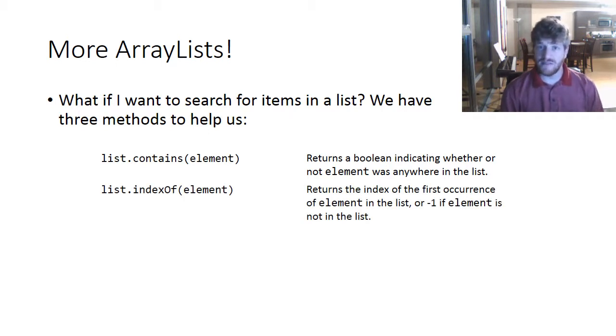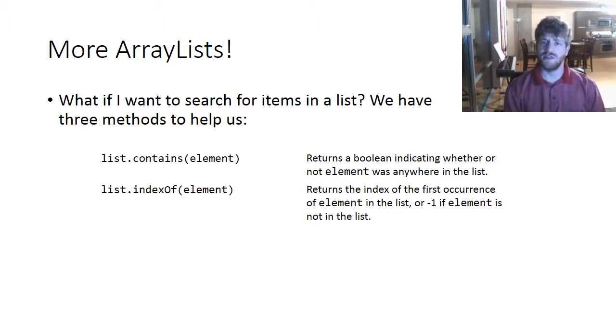IndexOf is just like indexOf for strings. It takes one argument, the element we're looking for, and it returns the index of the first occurrence of that element. And it returns -1 if that element is nowhere in the list.